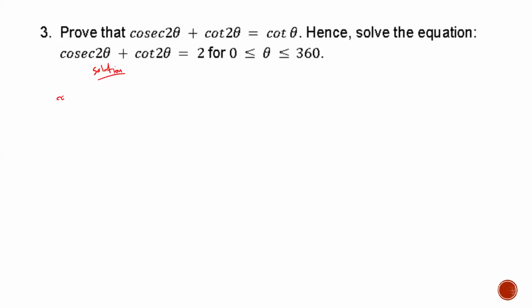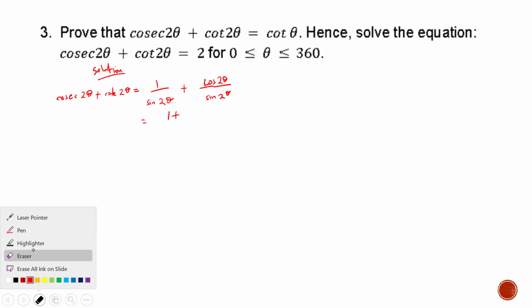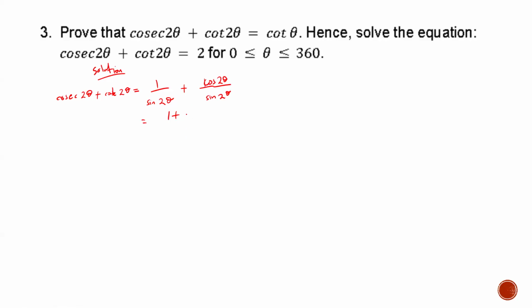So cosec of 2 theta plus cot 2 theta can also be written as 1 over sine 2 theta plus cos 2 theta over sine 2 theta. And this gives us 1 plus cos of 2 theta divided by sine 2 theta.